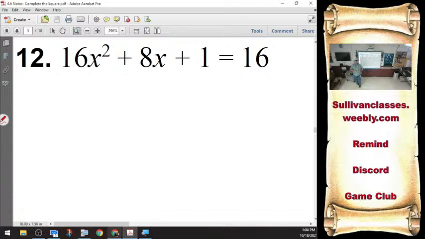Remember our factoring decision tree. Is there a greatest common factor? Between 16, 8, and 1. No. Are A and C perfect squares? 16 and 1? 1 squared is 1, 4 squared is 16. They're both perfect squares. Head down that path. Is there a middle term?